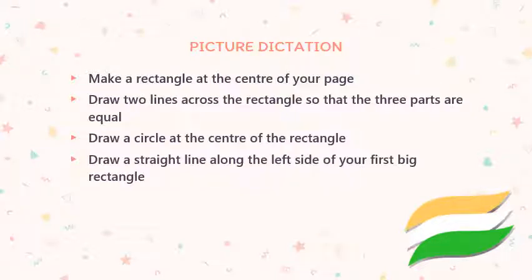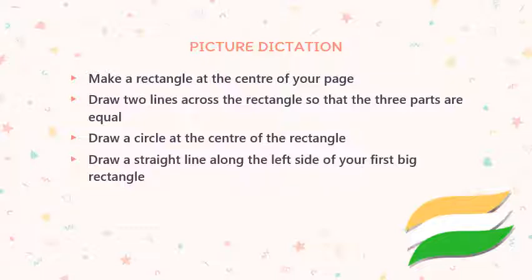Draw 2 lines across the rectangle so that the 3 parts are equal. So you are making 2 horizontal lines across the rectangle, and the distance between the top and the first line and the second line, and the second line and the bottom of the rectangle has to be more or less same.